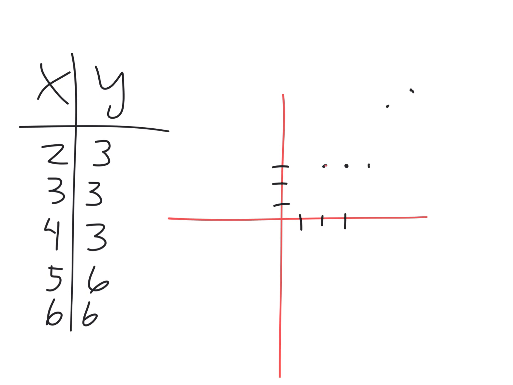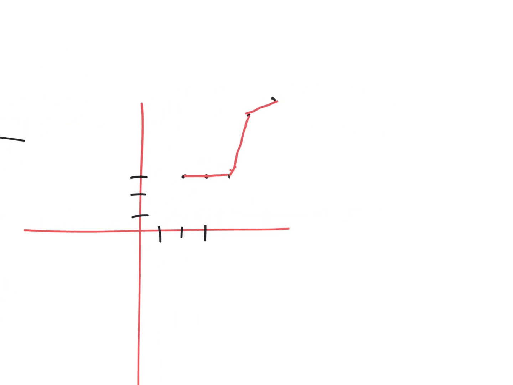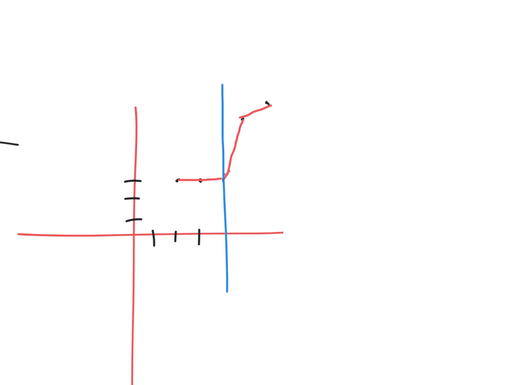If I connected them all, does it pass the vertical line test? If you've forgotten what that is, it's basically drawing a vertical line through it and seeing if it ever touches twice. This one passes the vertical line test, so this is a function. All right, so I've got my little function.